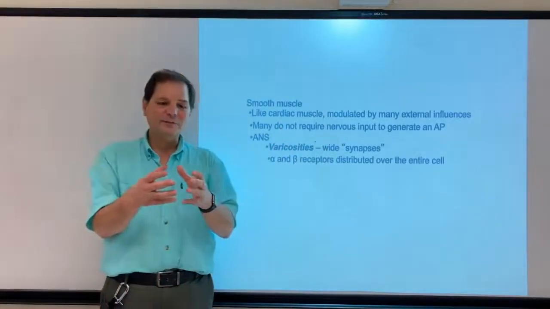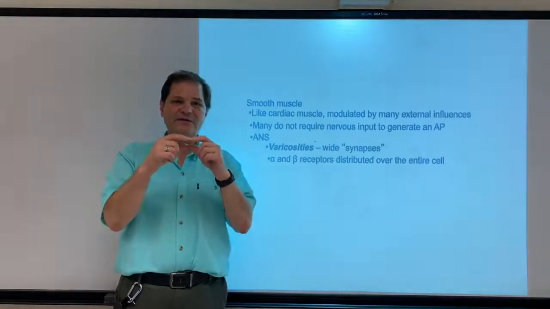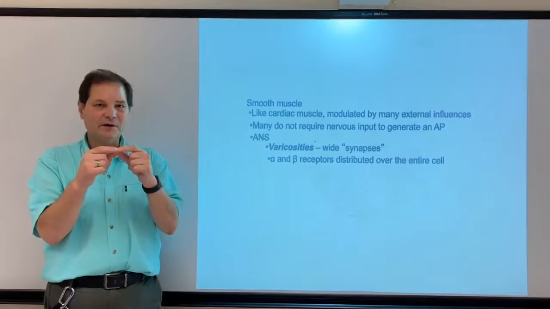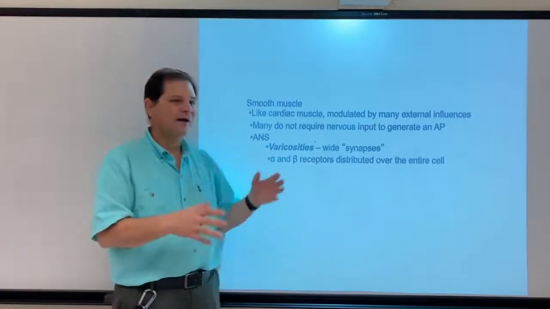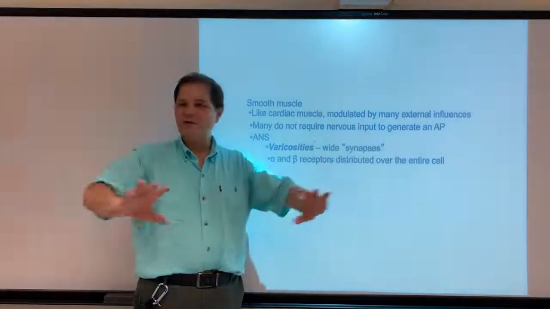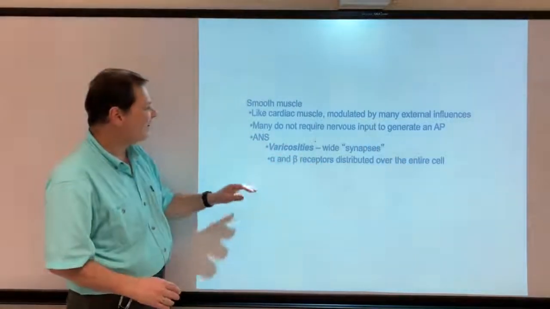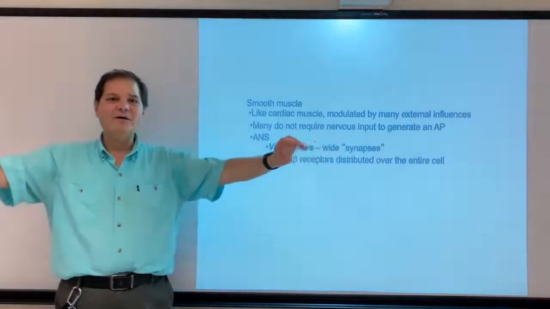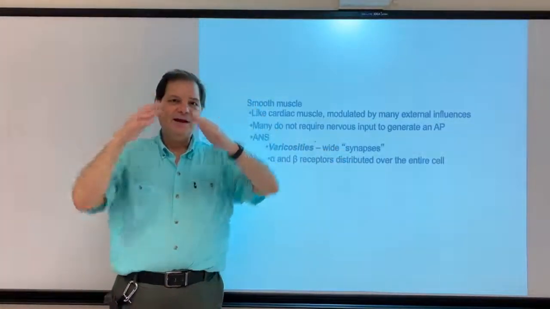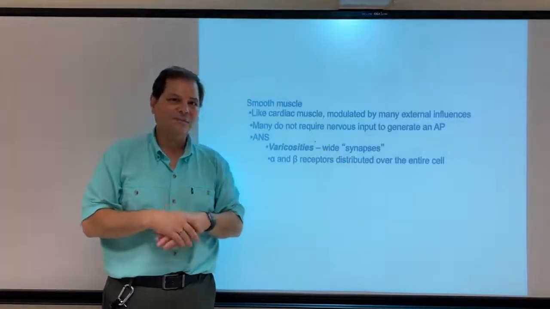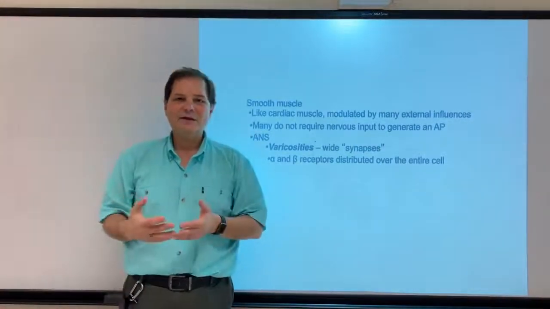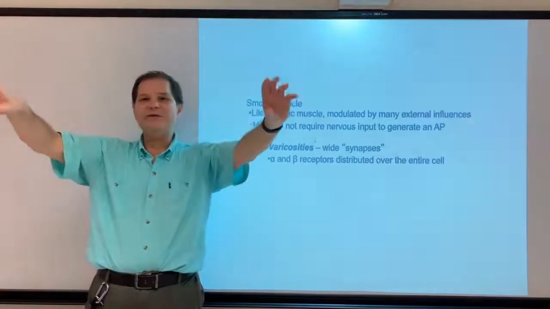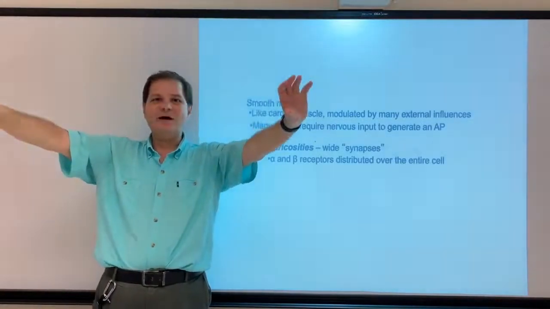Ordinarily, your neurotransmitters don't escape out of the narrow synapses that you find in a neuromuscular junction or in a junction between two nerves. These are designed so that your neurotransmitter spreads out along the cell, and you have alpha and beta receptors distributed over the entire cell, and the norepinephrine, or in the case of muscarinic receptors, the acetylcholine, will spread out over the entire cell and bind receptors over the entire cell.